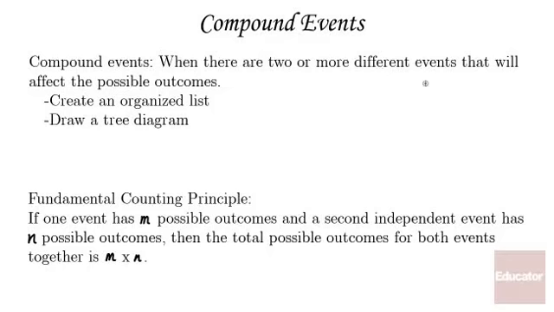So my two events are my top, my shirt, with my bottom. Let's say my options for my shirt: I'm debating on whether I should wear a t-shirt or a collar shirt.